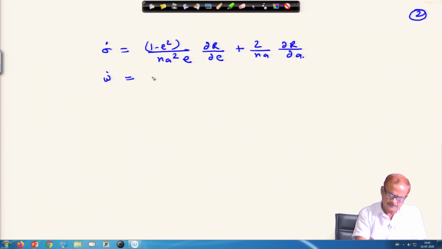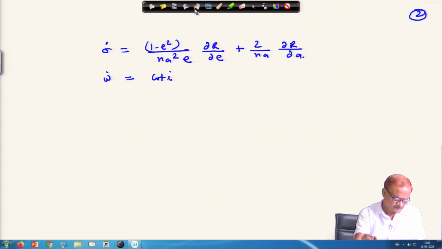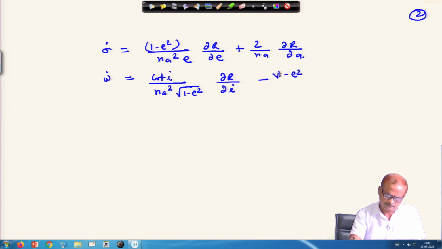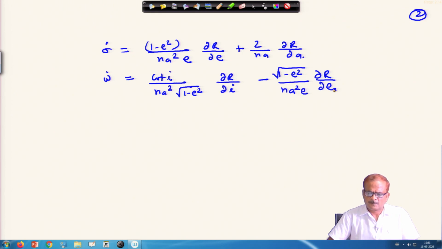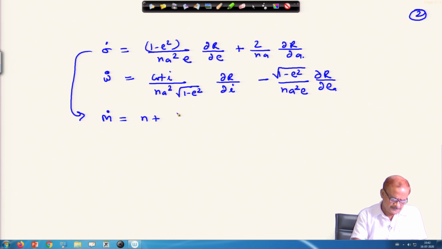So, small omega dot, this is cot I. Rest, this sigma dot also can be expressed in terms of m dot, and it can be written as m dot equal to, where m dot is the rate of change of the mean anomaly, n is the mean angular velocity or the mean angular rate.